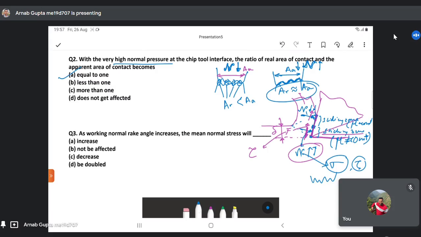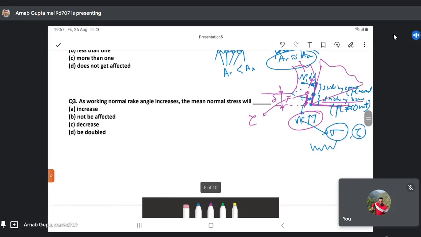So coming to the next question: as the working normal rake angle increases, the mean normal stress will increase, will not be affected, will decrease, will be doubled.